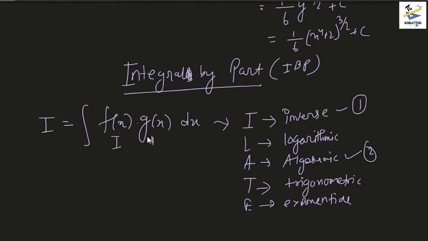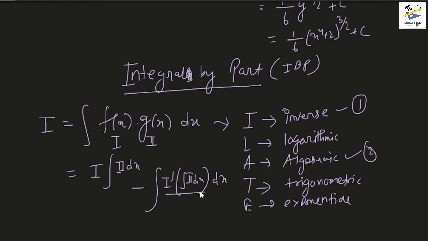So let us name here f(x) as function 1 and g(x) as function 2. Then what it gives you is function 1 directly comes out, times the integral of function 2 dx, minus the integral of the derivative of function 1 times the integral of function 2 dx, and the integration of this whole.